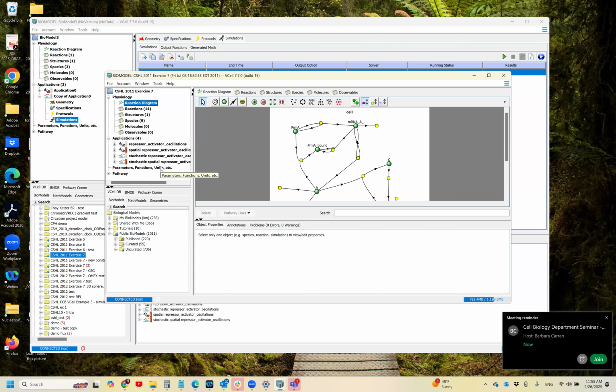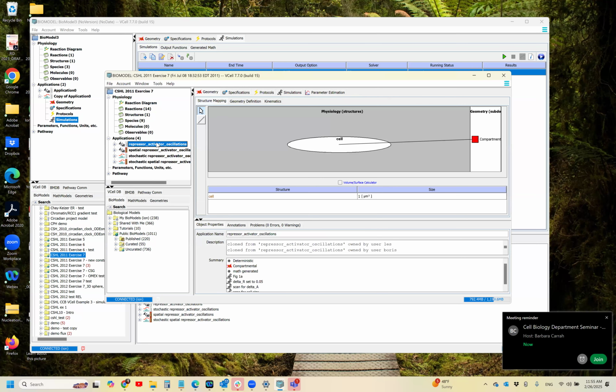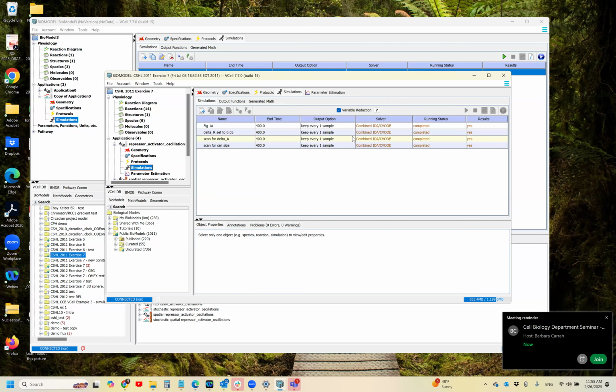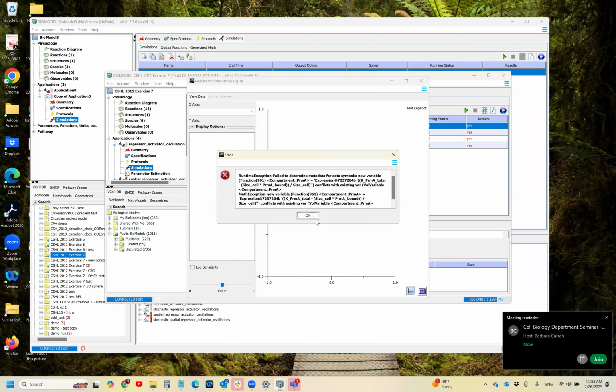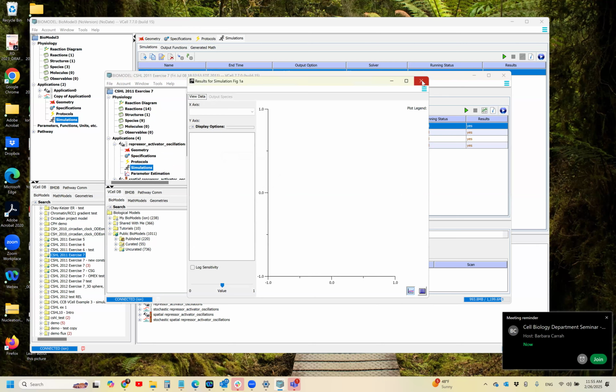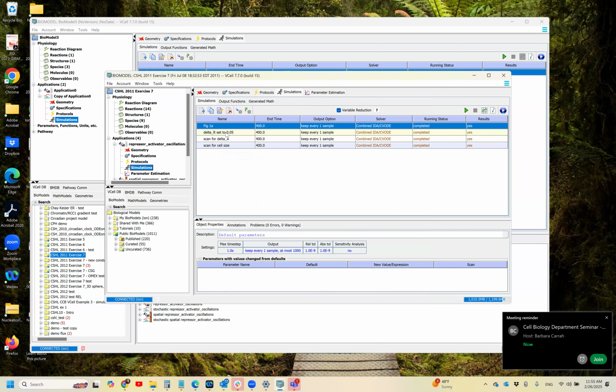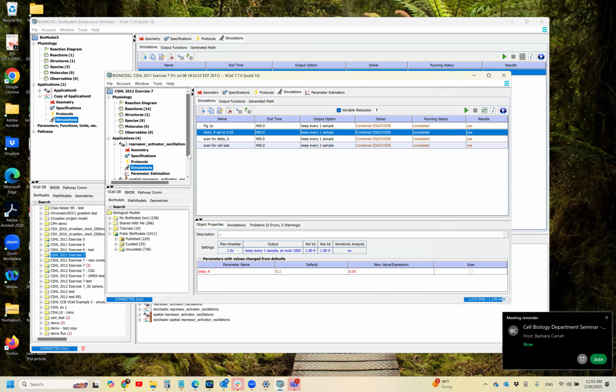For example, this is an oscillatory model which, oops, the cell is not cooperating right now.